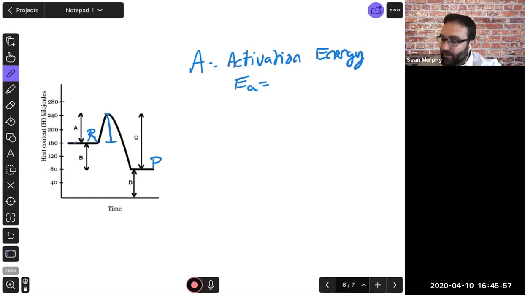Now look at B. B is the change in heat because it's reactants minus products. So B is the delta H. What is delta H then? Well, it's products minus reactants.